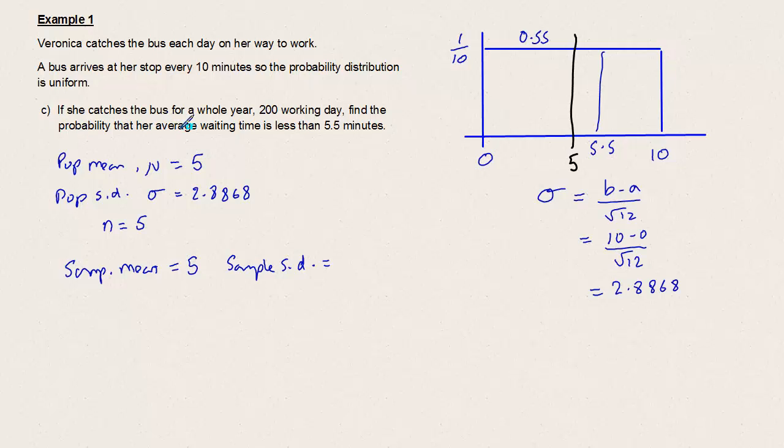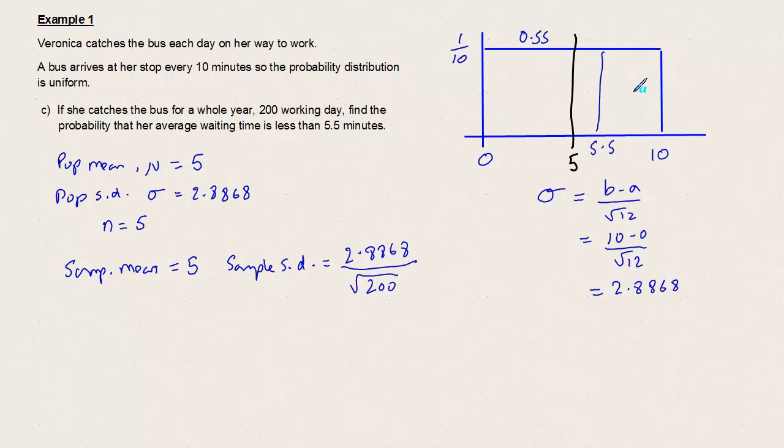If she catches the bus for a whole year, 200 working days, find the probability that her average waiting time is less than 5.5 minutes. Now we'd expect a much larger probability here, because when we work out the sample standard deviation, we're going to do 2.8868 over root 200.